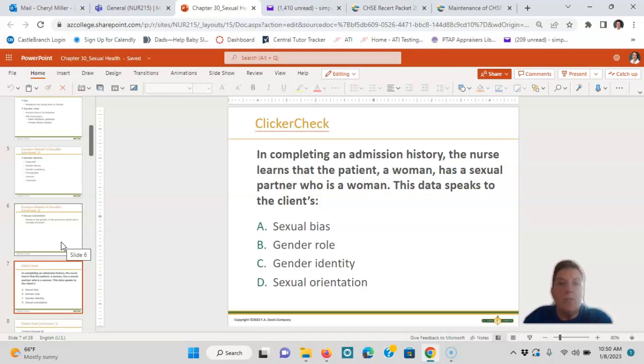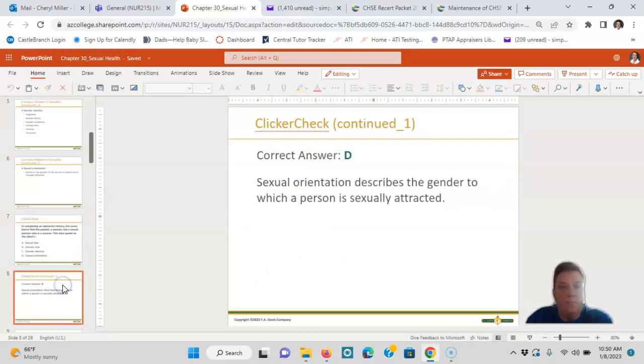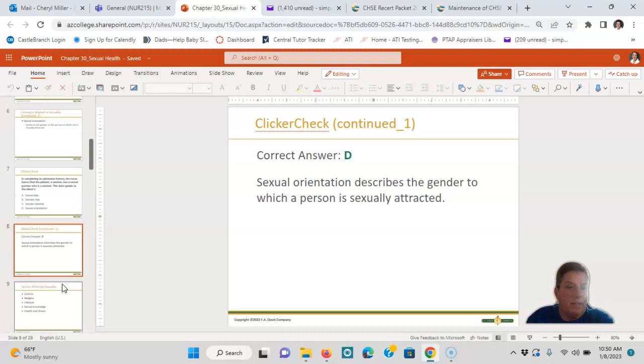This data speaks to the client's sexual bias, gender role, gender identity, or sexual orientation. So a woman having a woman's sexual partner would be sexual orientation. Okay. Sexual orientation describes the gender to which a person is sexually attracted.